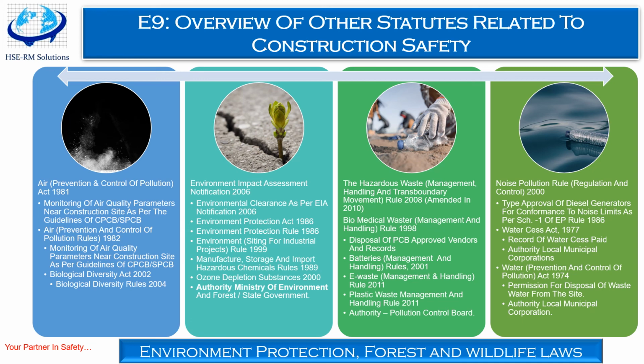This comes under the local municipal corporation. So there are 2-3 authorities in environment that we have discussed. Similarly, e-waste management and plastic waste management also fall under the Pollution Control Board. So more or less, the Pollution Control Board, local municipal corporation, Ministry of Environment and Forest and state government are the main authoritative organizations for environment protection and forest and wildlife laws.